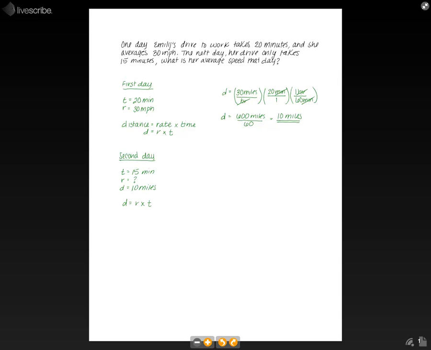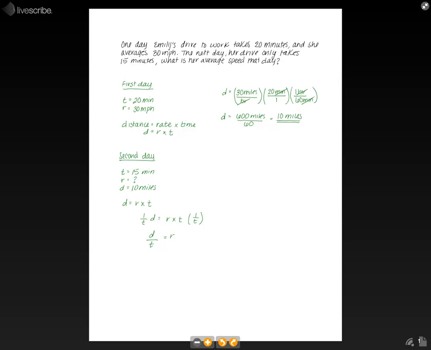So to solve this equation for rate, we'll multiply both sides by 1 over time. And now cancel out time, so we'll get distance over time is equal to rate. Alright, so now we should be able to plug in our numbers and go ahead and figure this out.